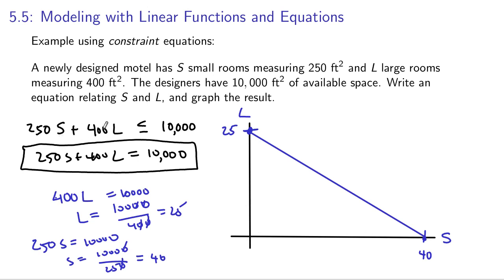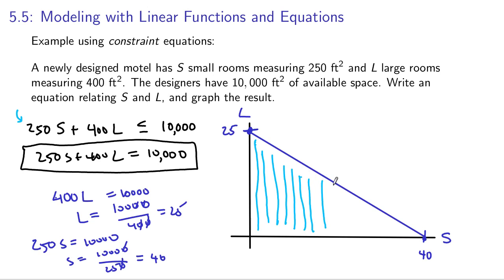This is the actual constraint inequality, so the points that are possibilities of large rooms and small rooms need to be below or on this line of constraint. And of course we can't have a negative number of large or small rooms. So this area beneath this line that we've graphed represents all the possible valid configurations.